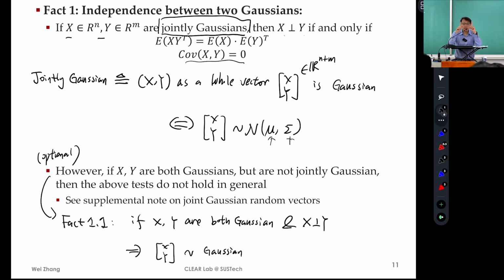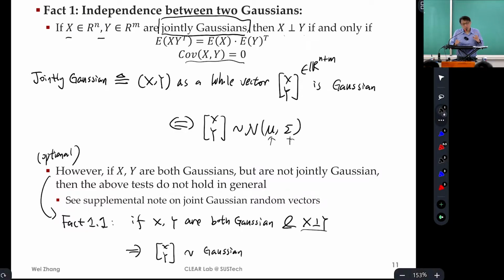Given two random vectors, the complete information you need is the joint distribution, right? But if I only give you two marginals, you don't know the joint. You cannot fully know the joint. So it's possible each of these marginals is Gaussian, but if you put them together, there are cases where it's not a Gaussian vector anymore.